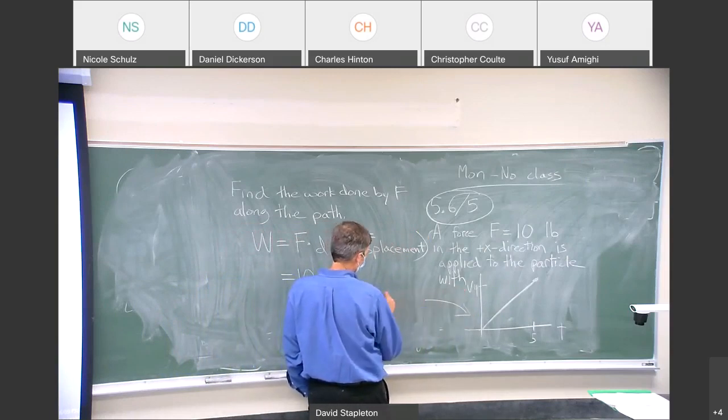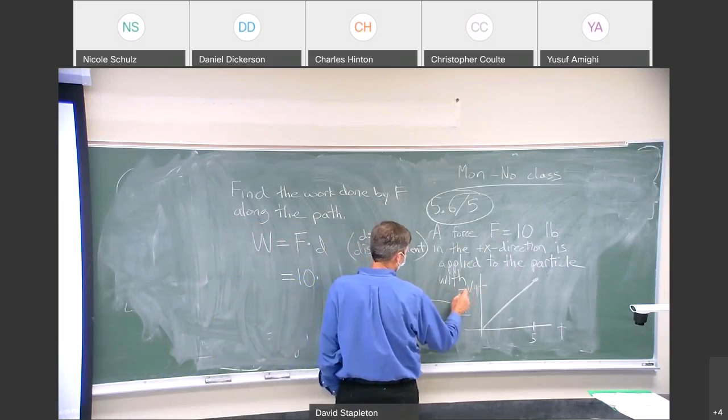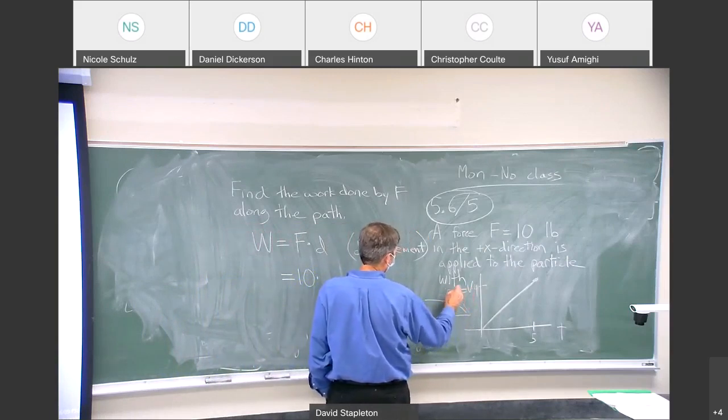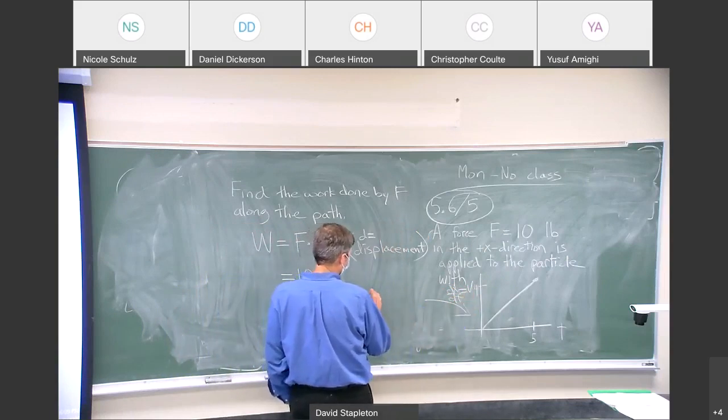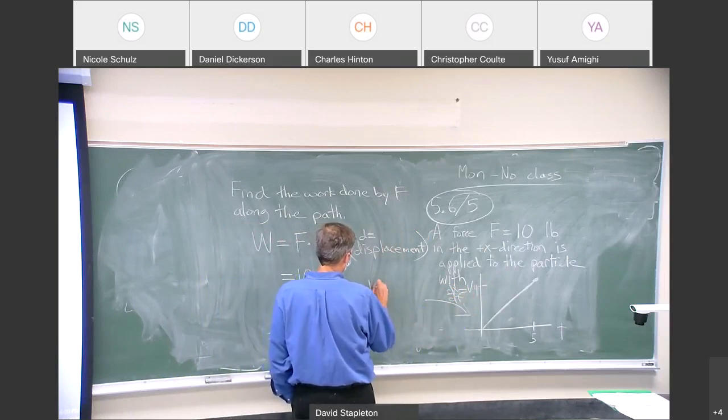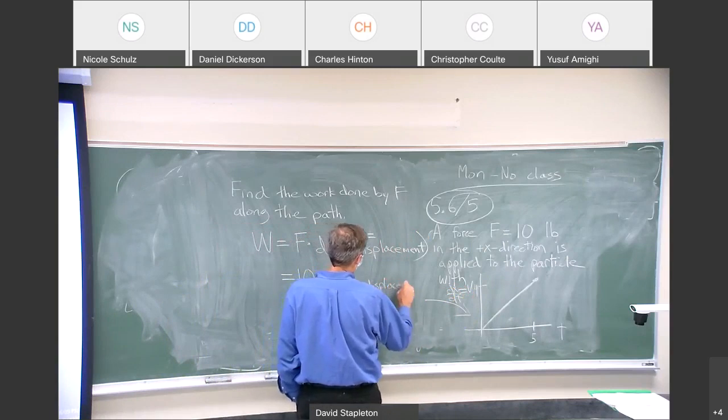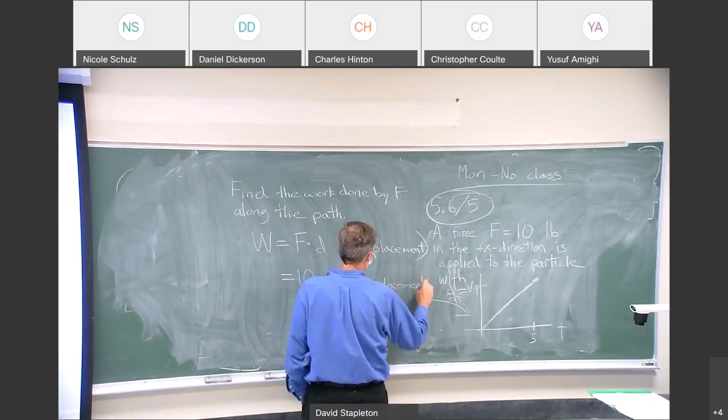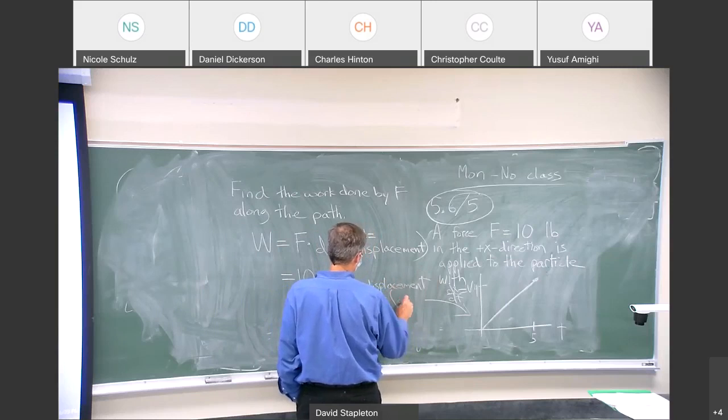If this is velocity, velocity is, if it's moving in one dimension, dx/dt. And so the displacement x is the integral of the velocity dx/dt dt.